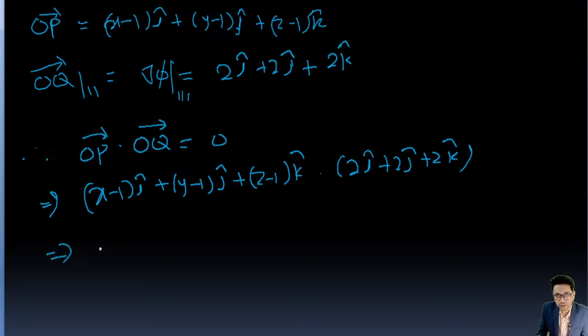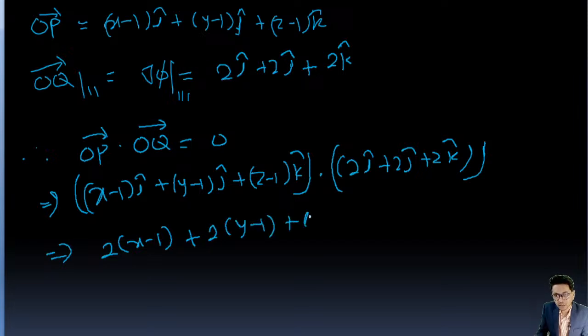We'll do the dot product. So it is going to be 2 into x minus 1 plus 2 into y minus 1 plus 2 into z minus 1 equal to 0.